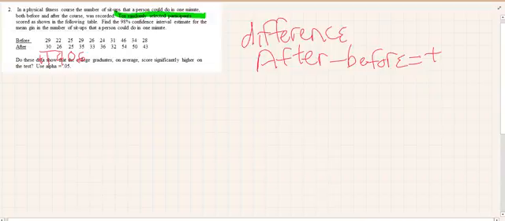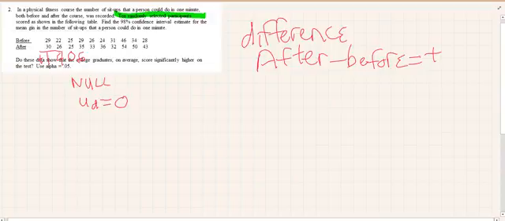So what we're going to do is make a hypothesis statement, and we're going to say that null is that there was no increase. In other words, the mean of the difference, which we designate μD, is equal to 0.